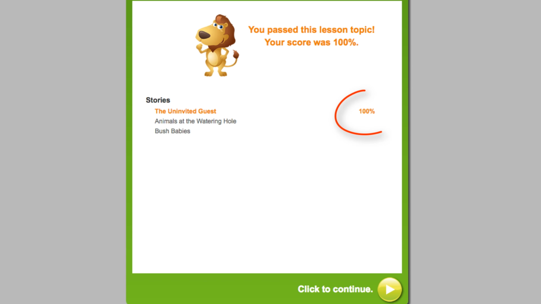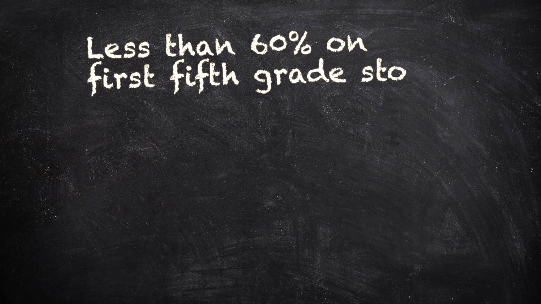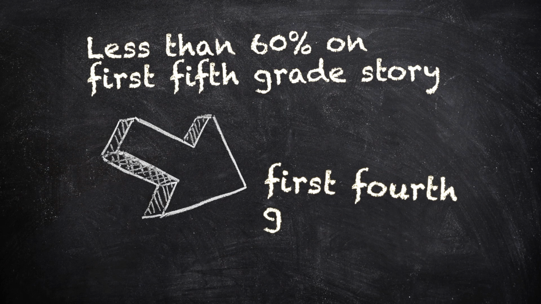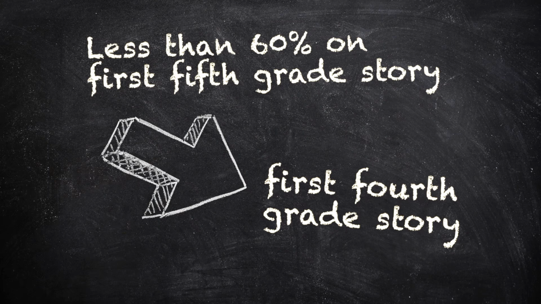If the student scores 60% or higher in the first story of their registered grade, they will continue to move forward through that grade. But if the student scores below a 60% at the 5th grade, we will then try starting them at the 4th grade, with the first story at the 4.0 to 4.3 reading level.